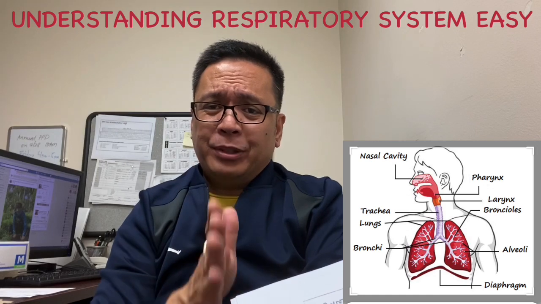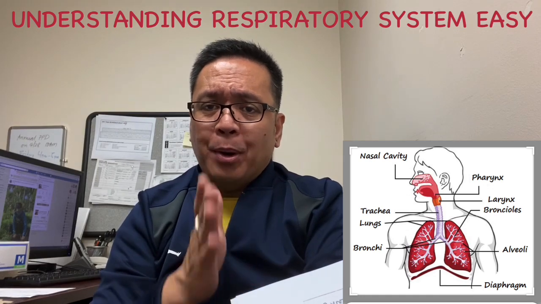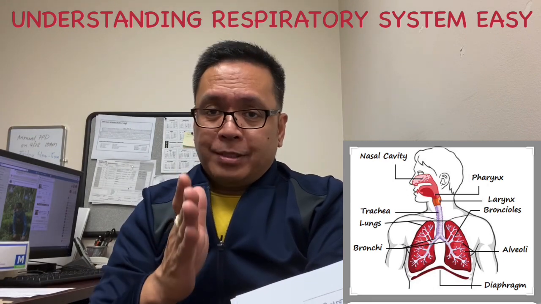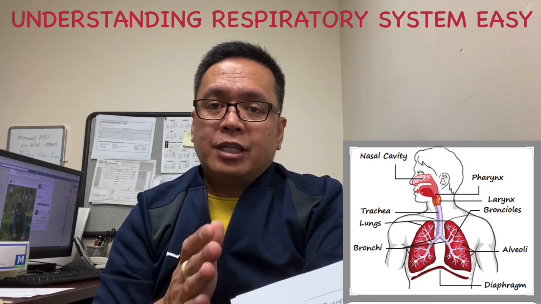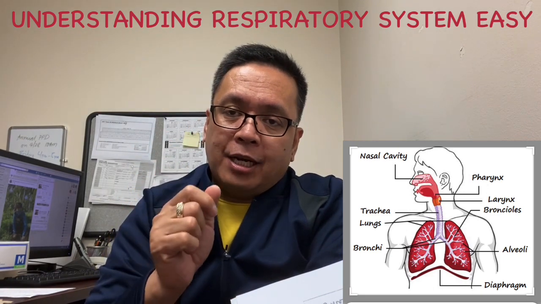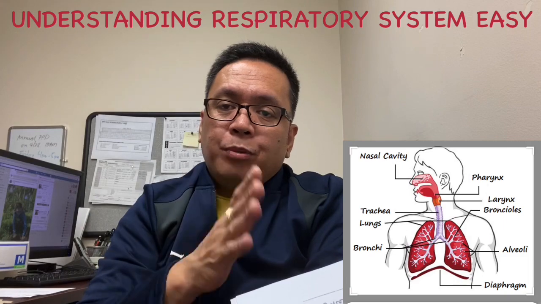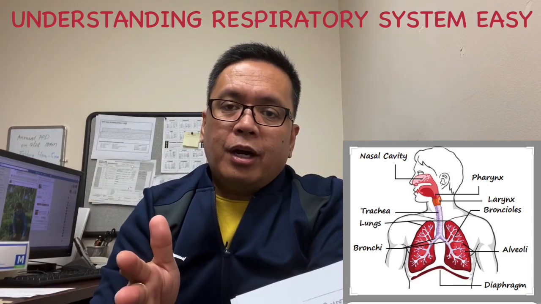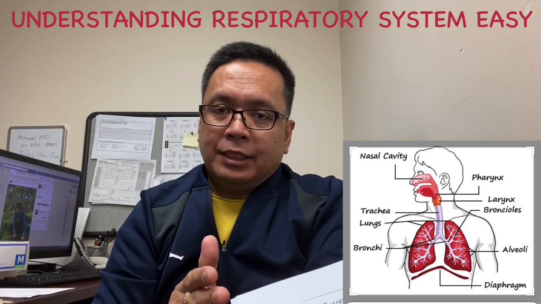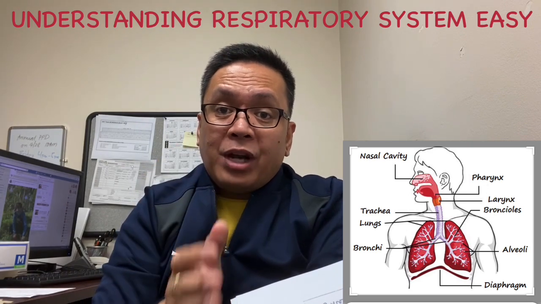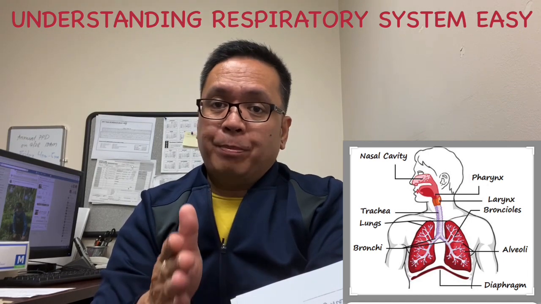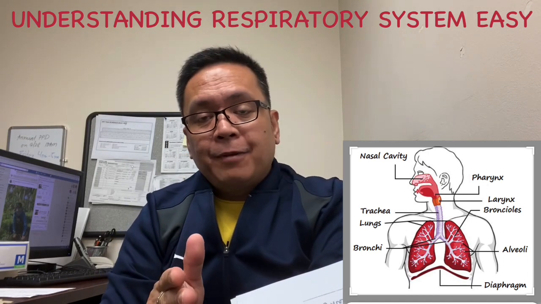Let's discuss the ribs. The ribs are made of bone and cartilage, and they allow the chest to expand and contract during each breath. The respiratory muscles we use for breathing are the diaphragm and the external intercostal muscles. The muscles contract when the patient inhales and relax when the patient exhales.